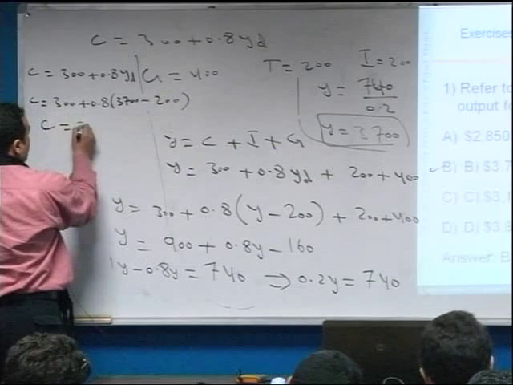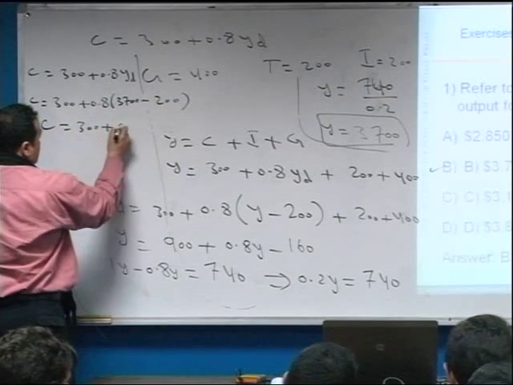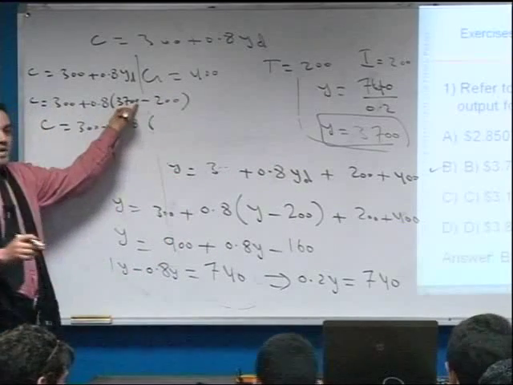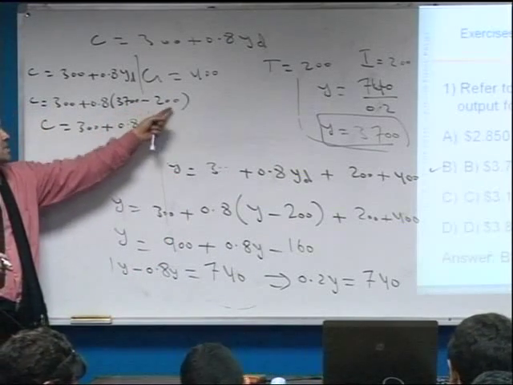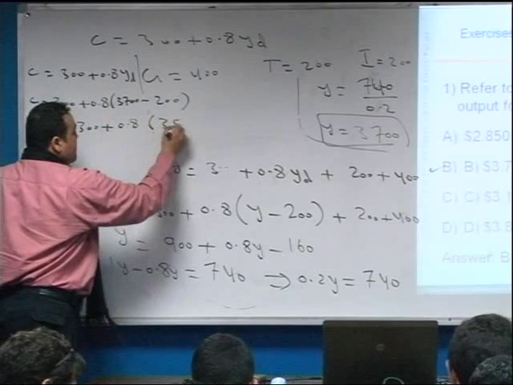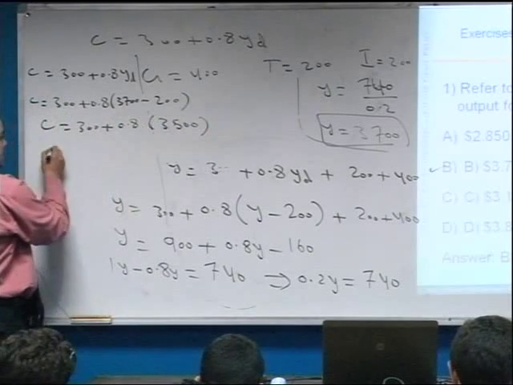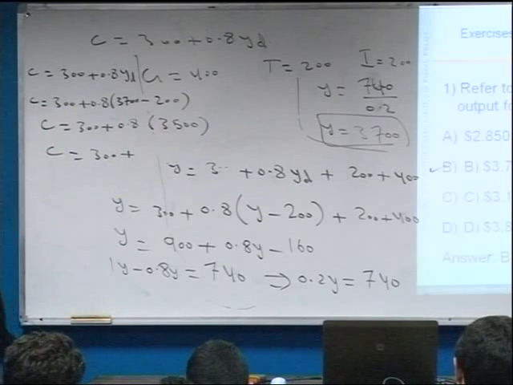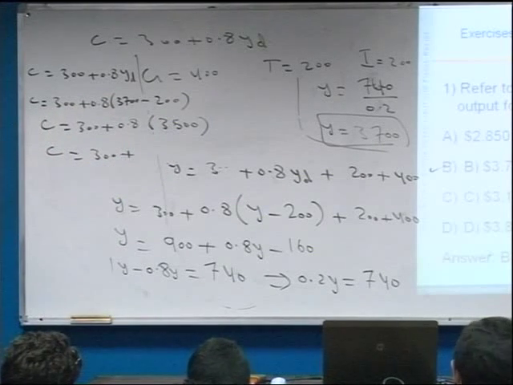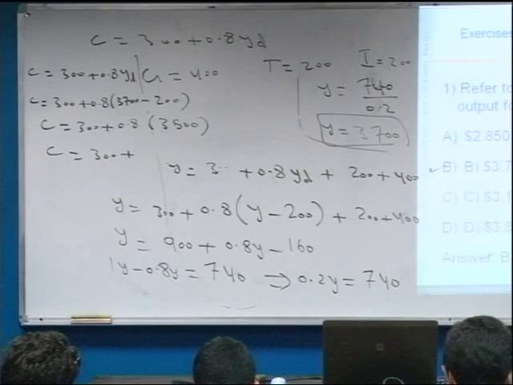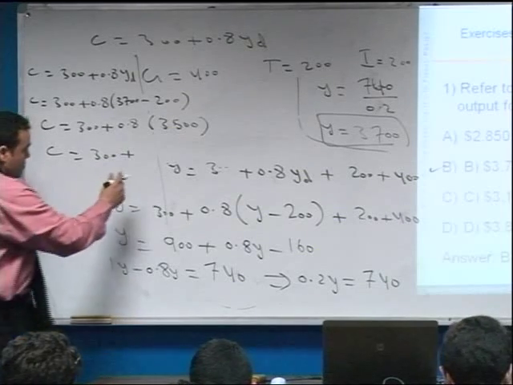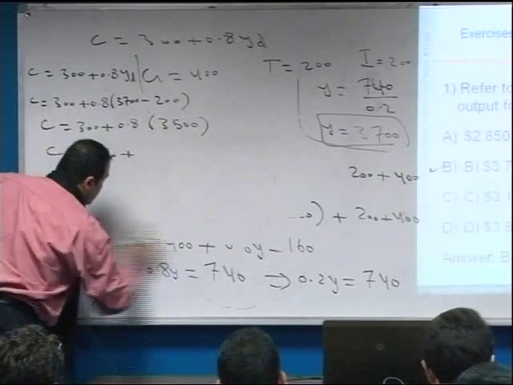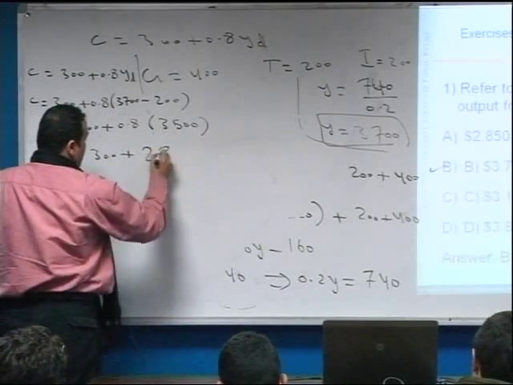So C equals 300 plus 0.8 times 3,700 minus 200, 3,500. The 0.8 times 3,500 is 2,800.